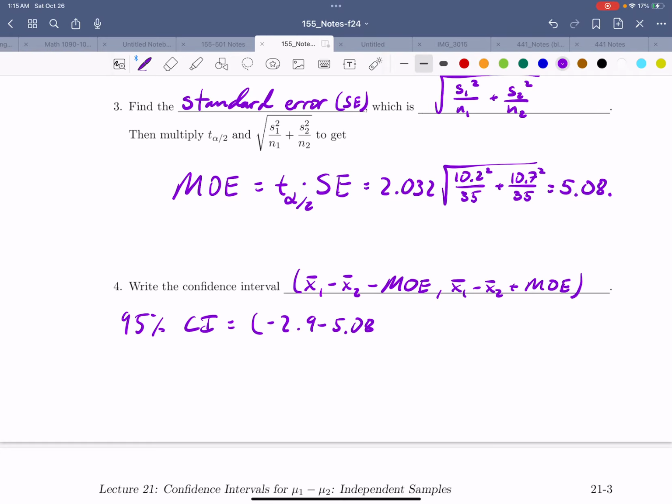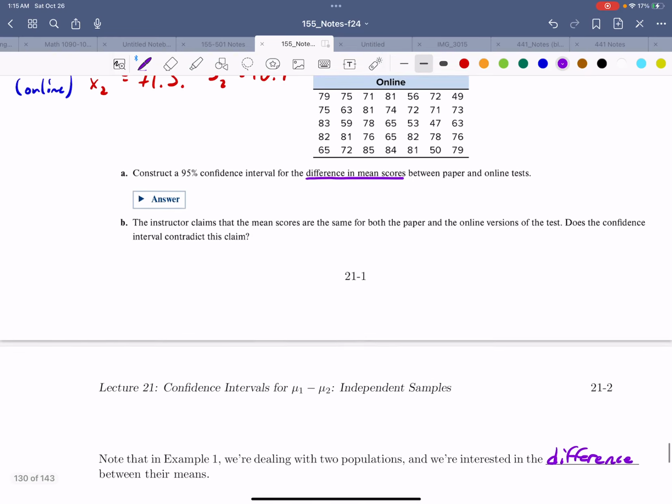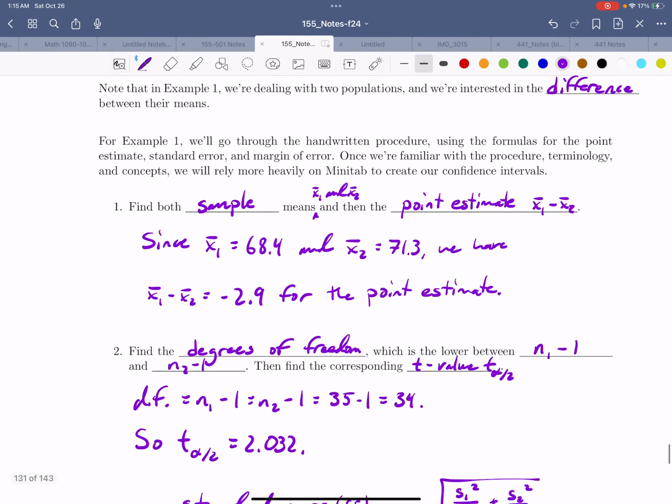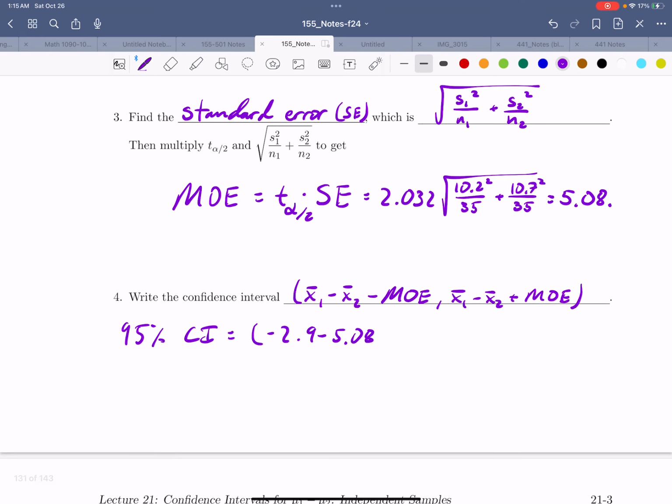Actually, if we're using 2.9, was that what it was? Was it negative 2.9? Yeah. Negative 2.9. Maybe I'll just round this to 5.1, actually. Just round it to 5.1. Okay. Negative 2.9 minus 5.1, negative 2.9 plus 5.1.